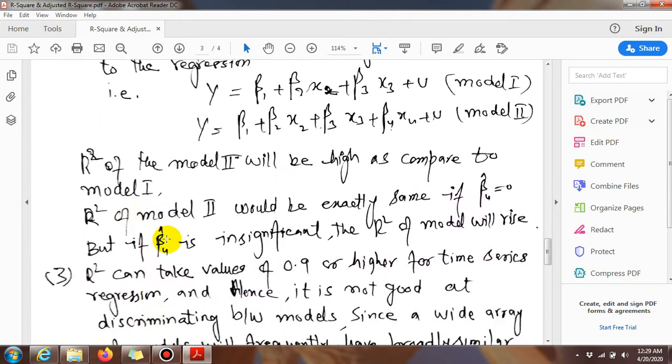Okay, R square of model 2 would be exactly the same if our estimated beta 4 is equal to 0, but if estimated beta 4 is insignificant, the R square of the model will also rise. So don't worry, even if your included variable is insignificantly playing a part in the dependent variable, your R square will rise.